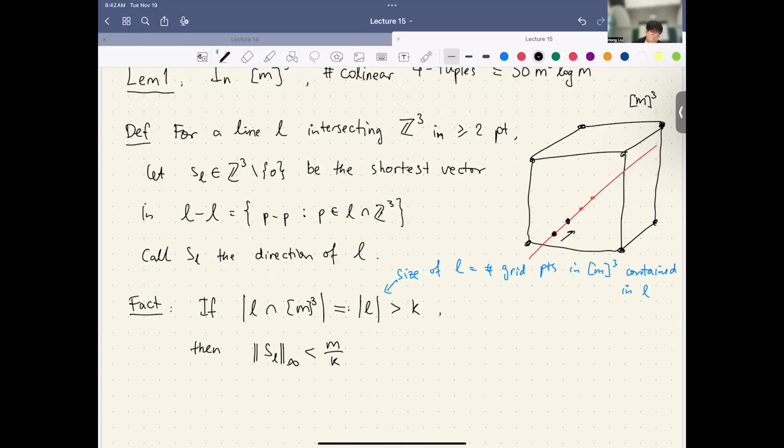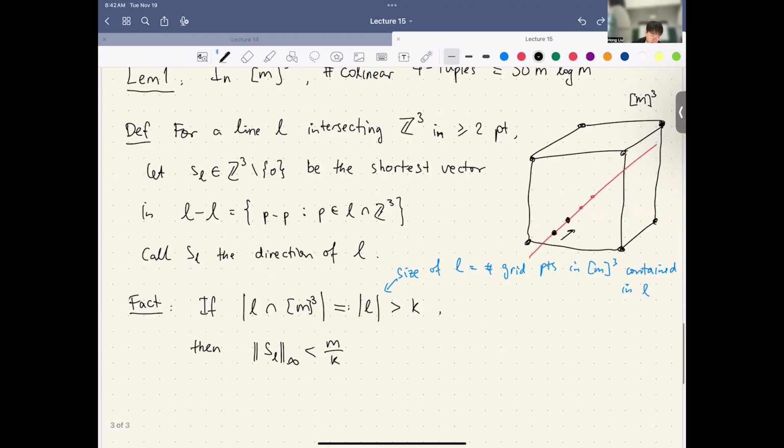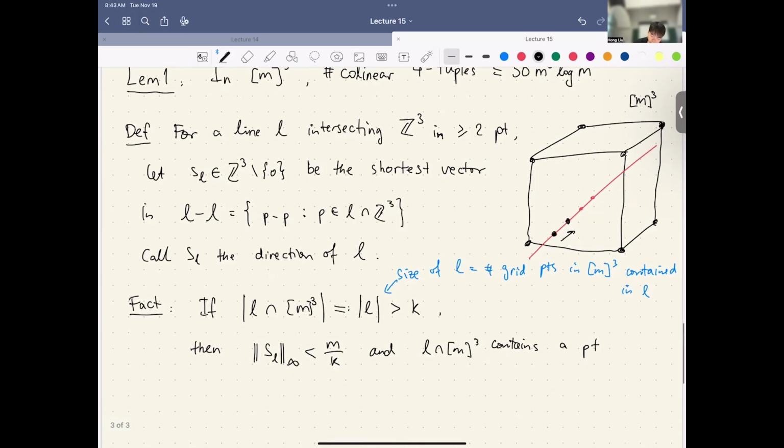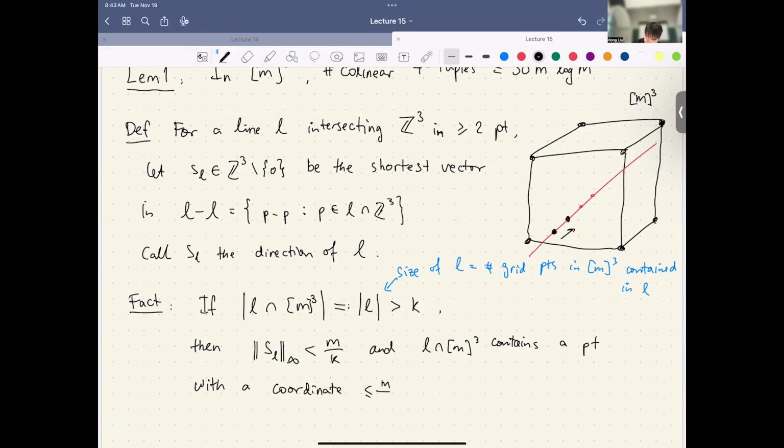Next, what this means is that among the grid points that L contains, it must contain a point in the grid with a coordinate at most m over k, or at least m minus m over k.